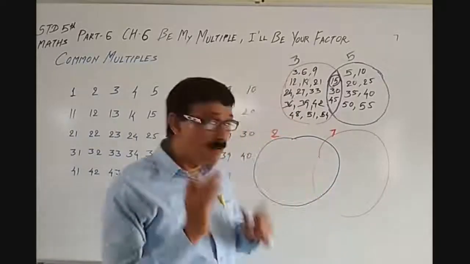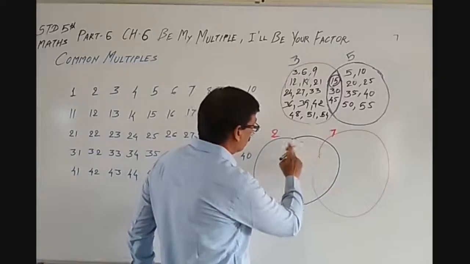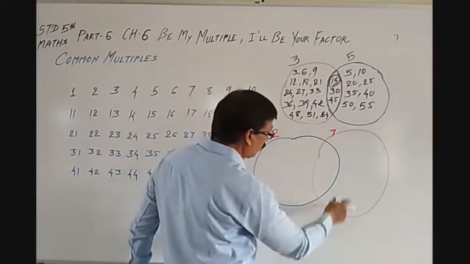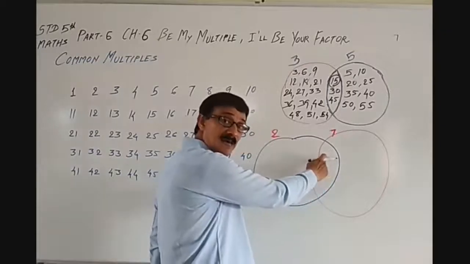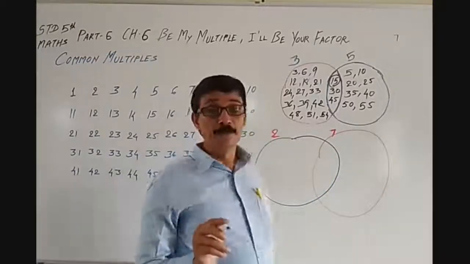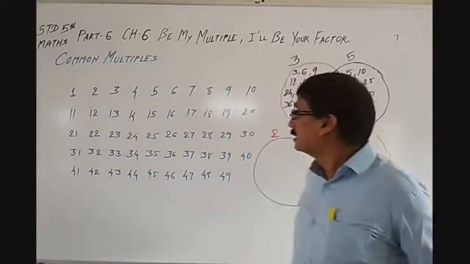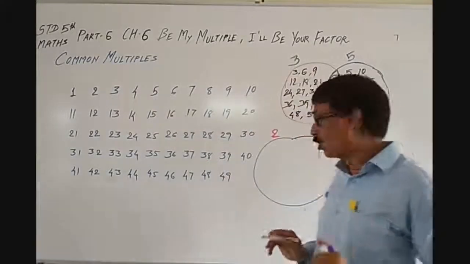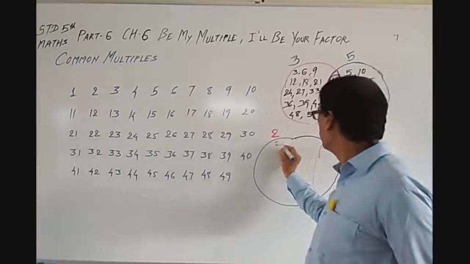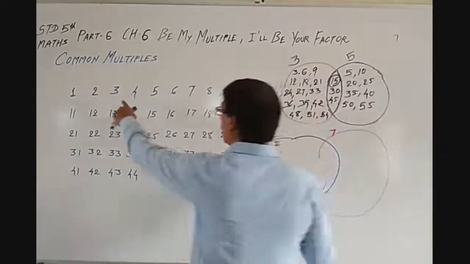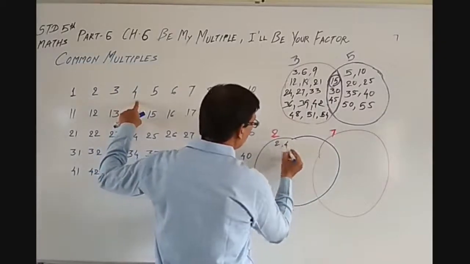Now the multiples that are common to both 2 and 7, we will write over here. We will do this very quickly. First, 1, no. 2 over here, isn't it? Then 3, no. 4 over here.